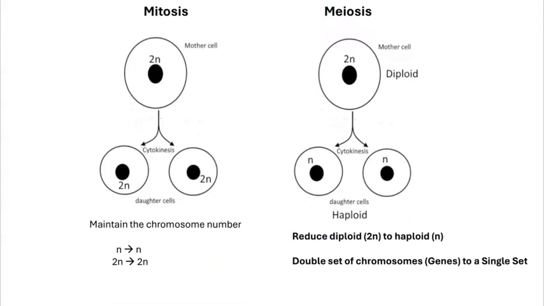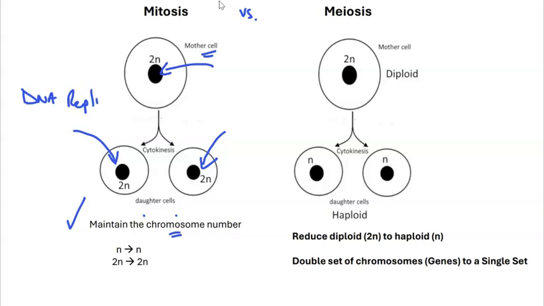Another overview fact of mitosis and meiosis to consider is that mitosis maintains the chromosome number. So the number of chromosomes in the nucleus of the mother cell or parental cell is the same as the number of chromosomes in the 2 daughter cells. And of course, you'll be aware perhaps that this is a consequence of a process called DNA replication.